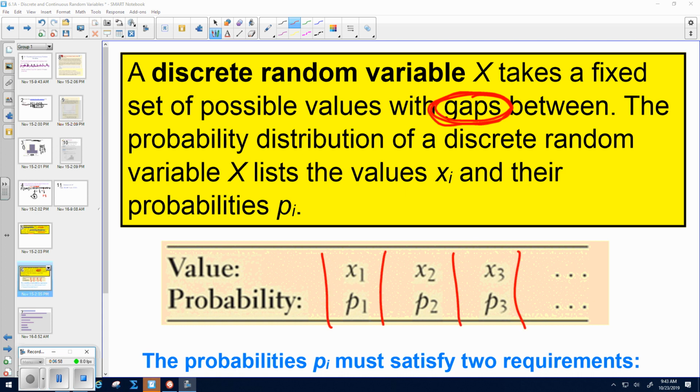We will do both discrete and continuous, but today we're only doing discrete. The probability distribution of a discrete random variable x lists their values xi and their probabilities pi. That's not as important, but that first sentence is very important: fixed set of possible values with gaps in between.